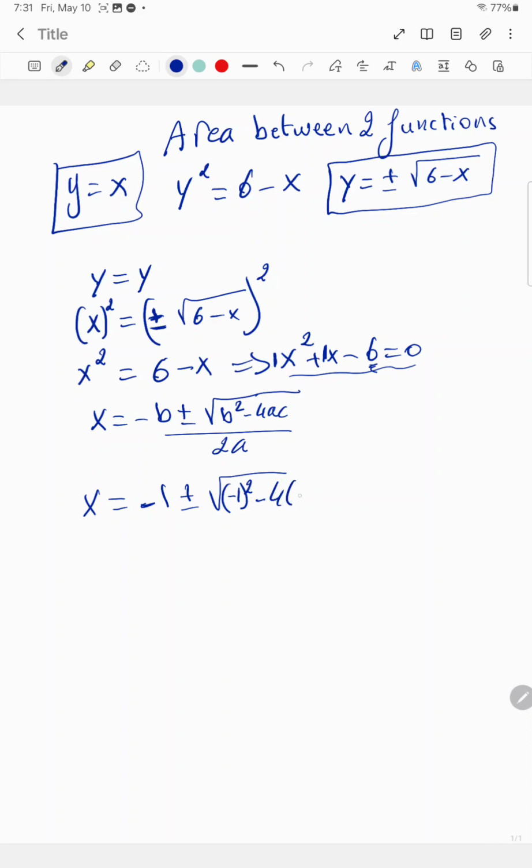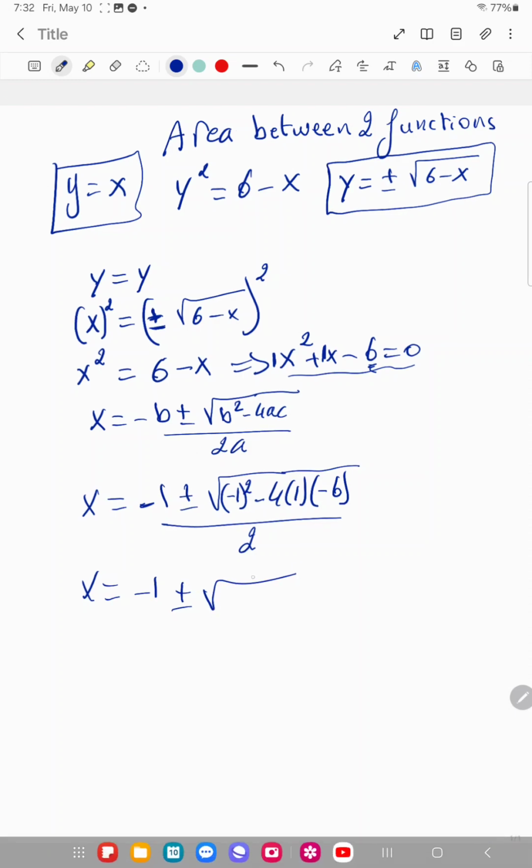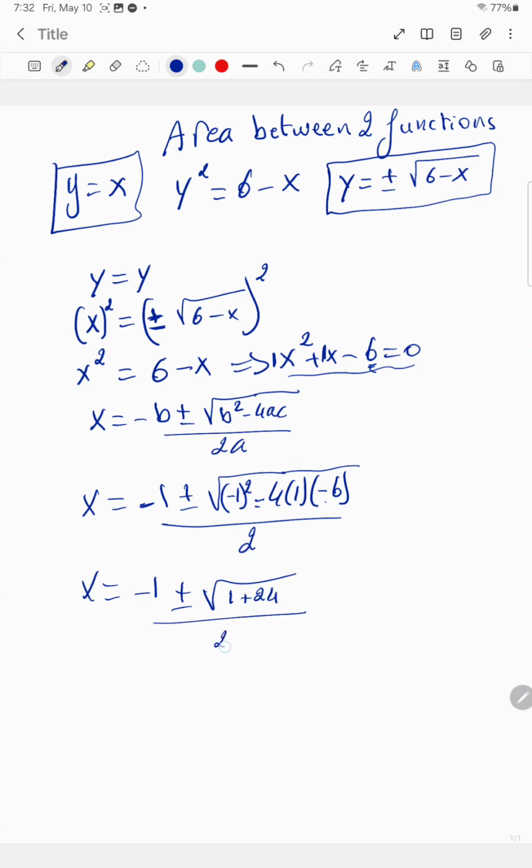minus 4 times a, which is 1, times c, which is minus 6, and all that divided by 2 times 1, which is 2. So my x is equal minus 1 plus or minus square root 1 square is 1, minus times minus is plus, 4 times 6 is 24, so it's 1 plus 24 divided by 2.